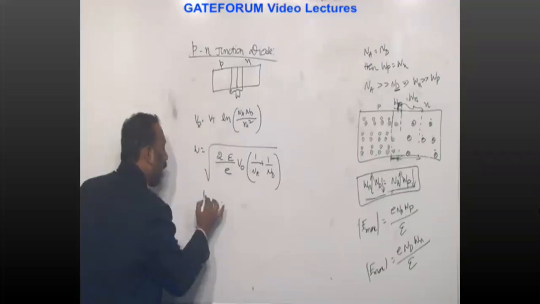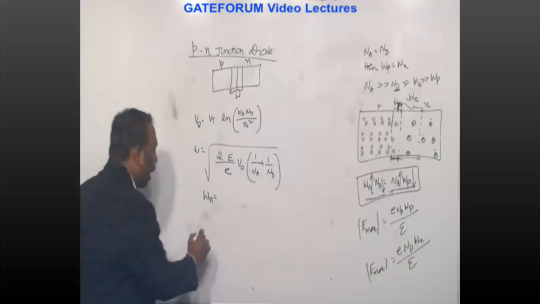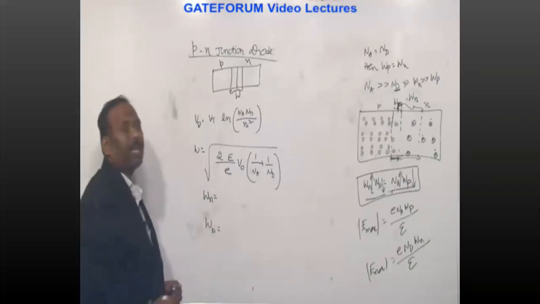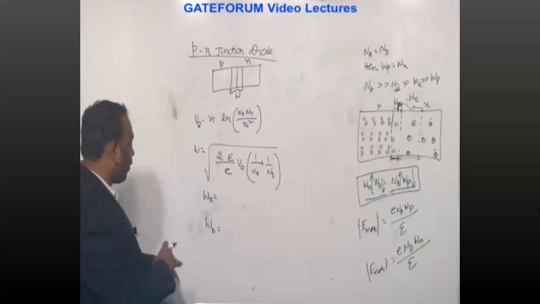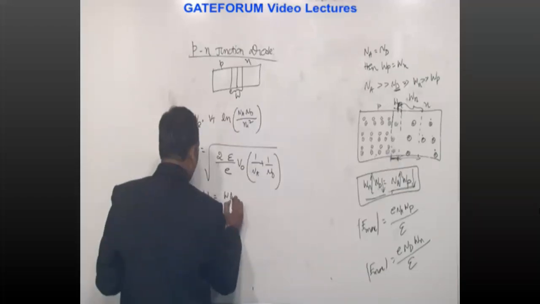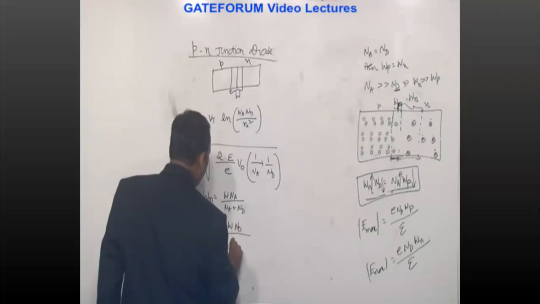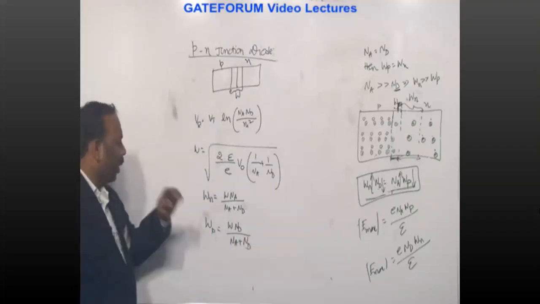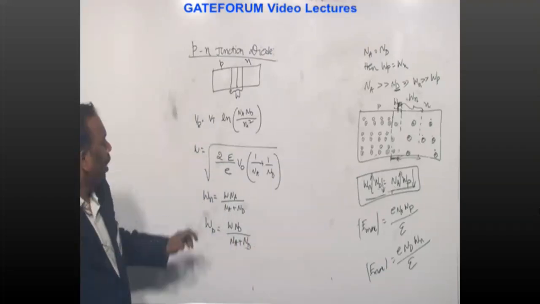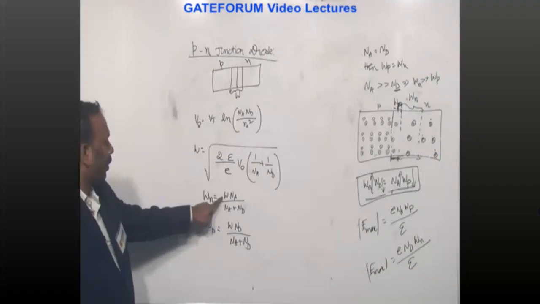Now, I want only Wn. What is the value of Wn? And I want only the value of Wp. What is Wp? Take down this formula. Wn equals W into Na by (Na plus Nd), and Wp equals W into Nd by (Na plus Nd), where W is the total width of the depletion layer.